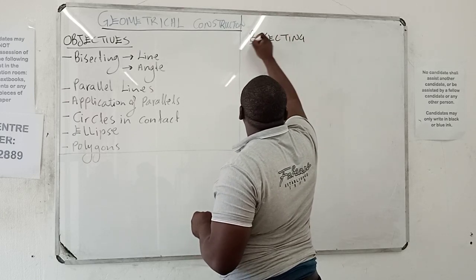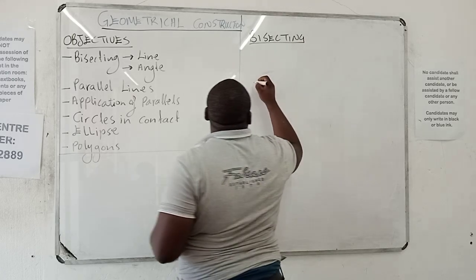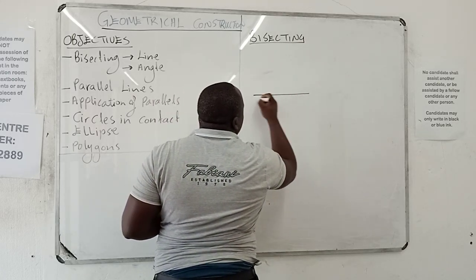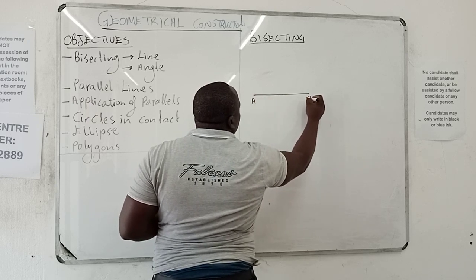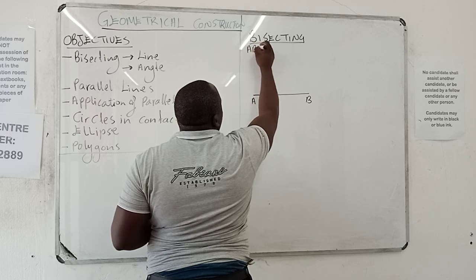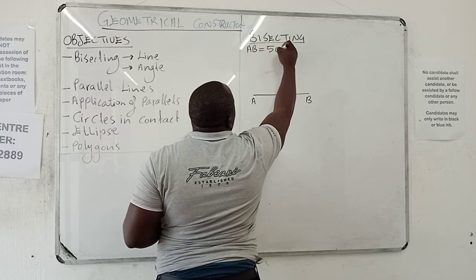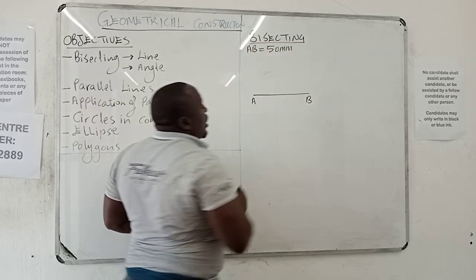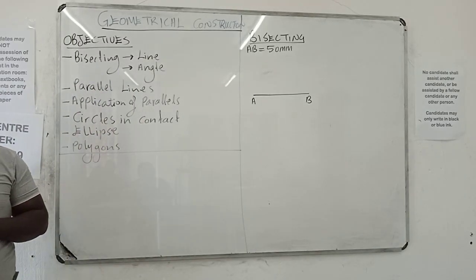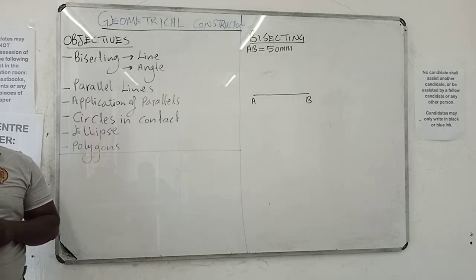Let's say I have a line AB that I want to bisect, and this line AB equals 50 millimeters. I want to bisect it. How do I bisect it?